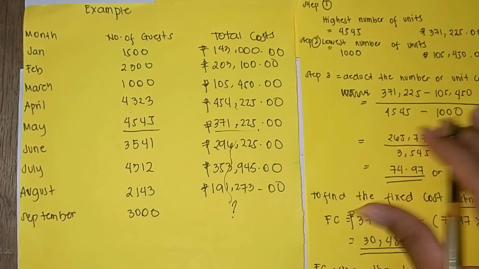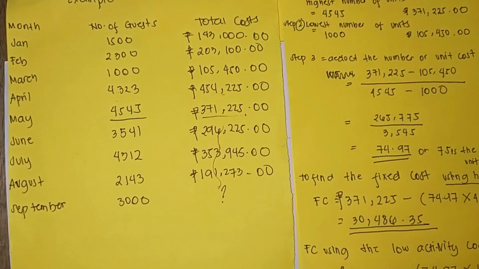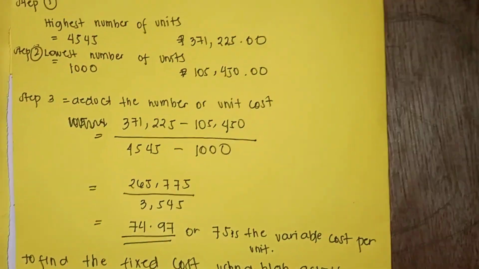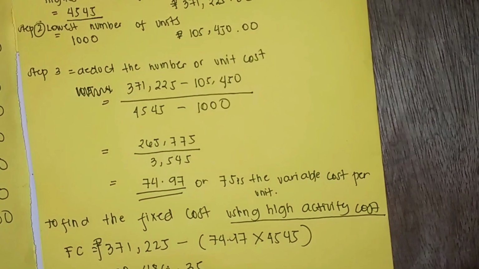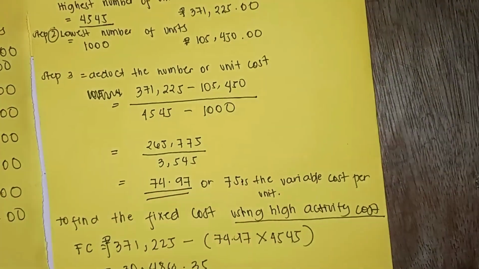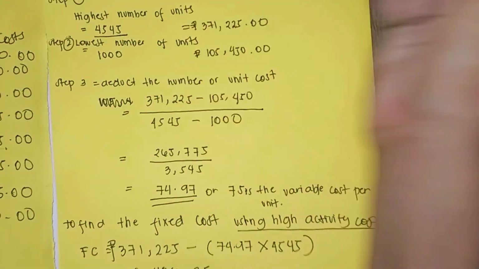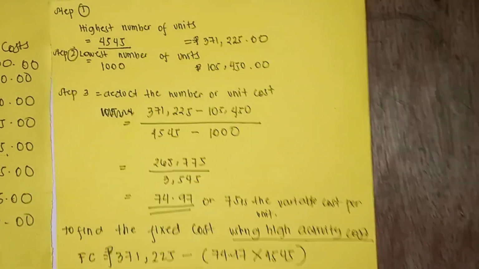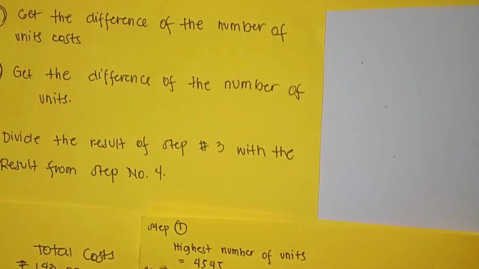So in other words, the month of May has the highest number of units. So that is step number 1. 4,545 is the number of units with a corresponding total cost of 371,225.